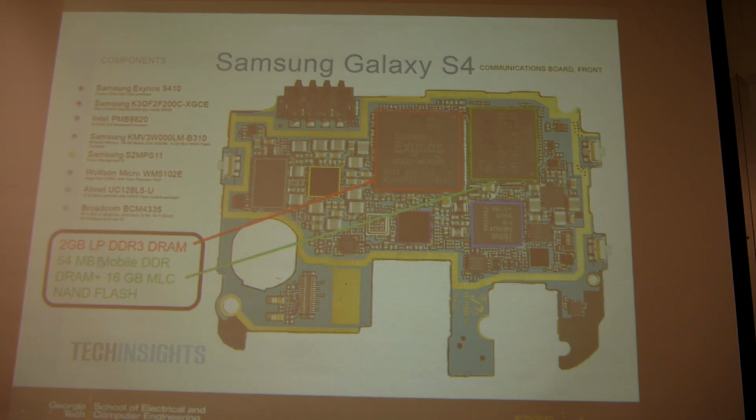And here we see some terminologies. For the DRAM, of course, 2 gigabyte is the capacity, LP is for low power, and DDR3 is for double data rate. We're going to discuss those terminologies later when we talk about the DRAM.